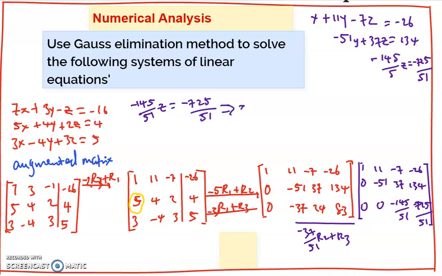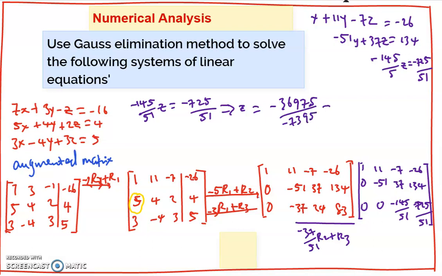So z, therefore, when we cross multiply this, is negative 36975 divided by negative 7395.